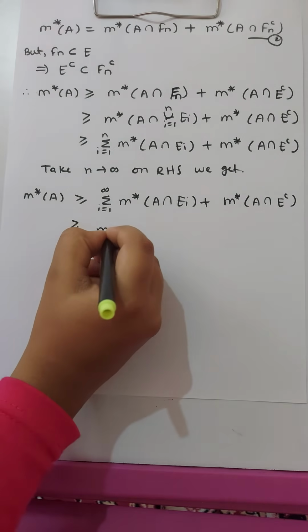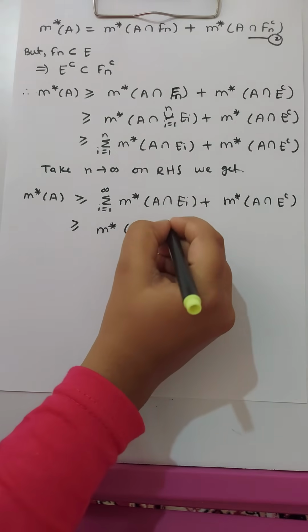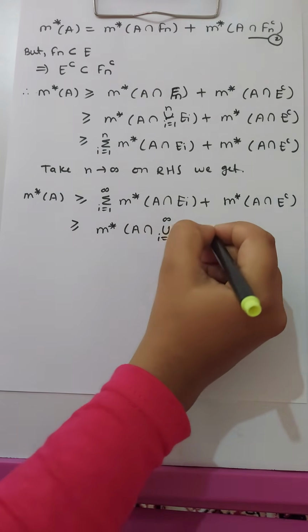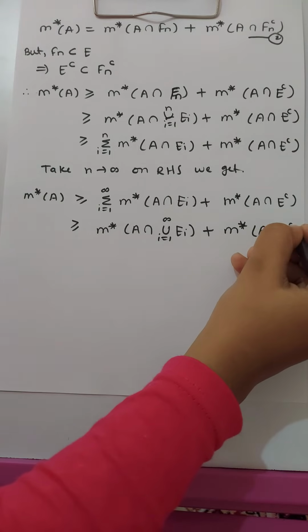Again this is greater than or equal to outer measure of A intersection the union of EI from 1 to infinity, plus outer measure of A intersection E complement.